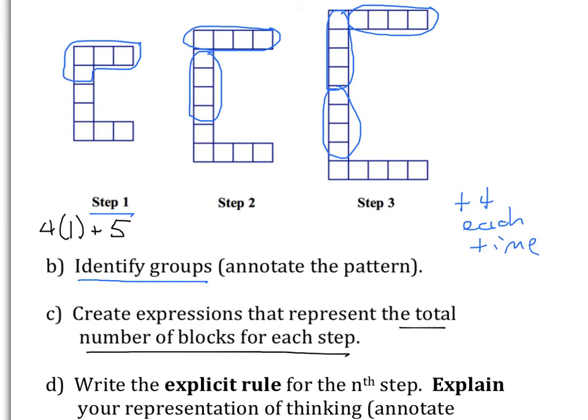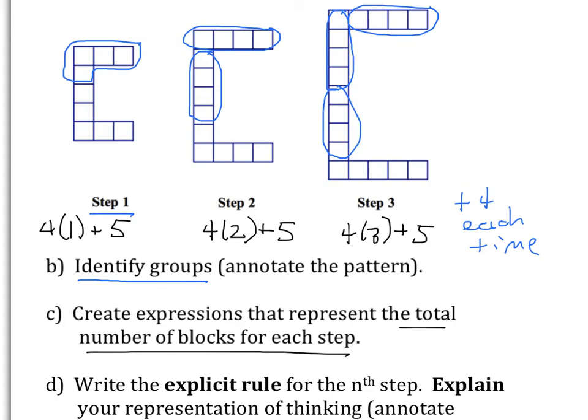So we will write 4 times 2 plus the 5 that are remaining. And in step 3, I certainly have 1, 2, 3 groups of 4. So I will do 4 times 3 plus, again, the 5 that remain.